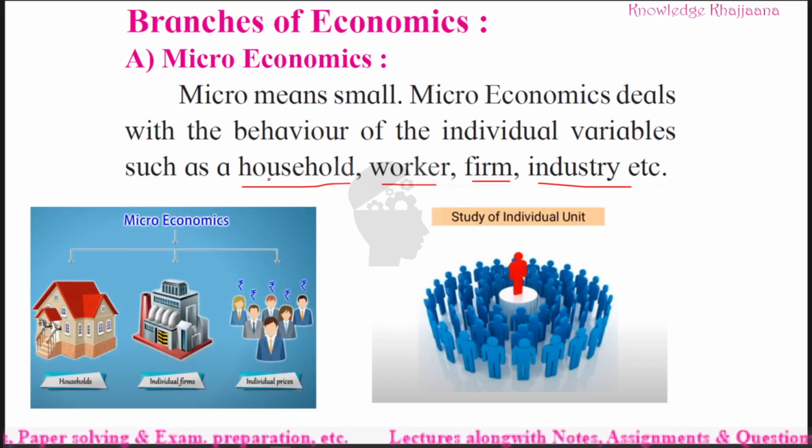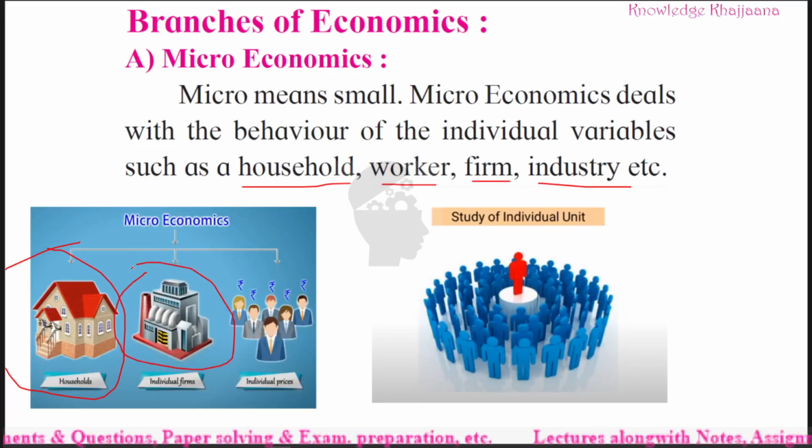Why variables? Because the behavior of a household, for example, changes with the behavior of the other. The behavior and actions towards the economy of an individual firm may be different from the others. So those are the variables, because their behaviors and actions towards economic affairs vary. That's why those are called variables.